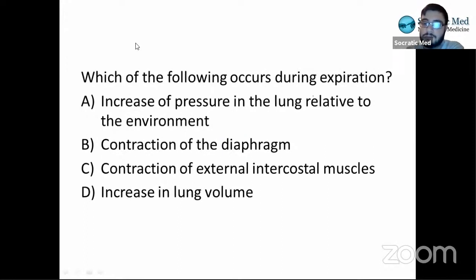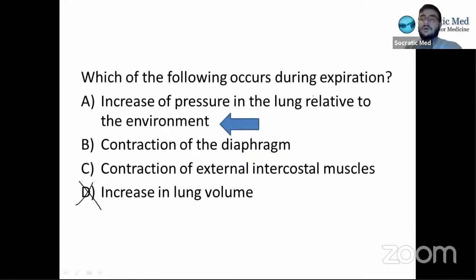Okay, so people chose choices A and C. The correct answer actually is choice A. Which of the following occurs during expiration? An increase in lung volume will be eliminated first, because increasing lung volume happens during inhalation, or inspiration, right?